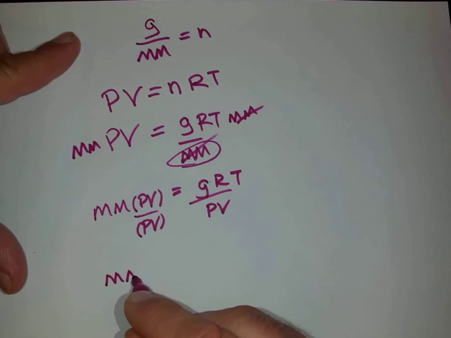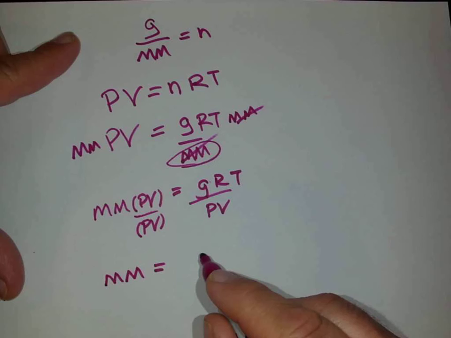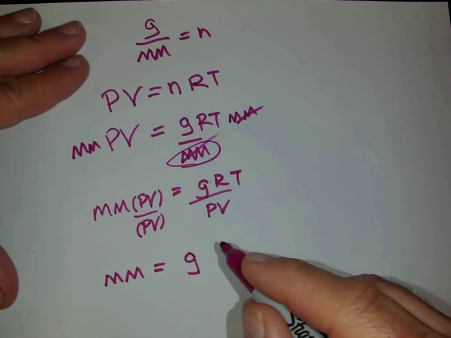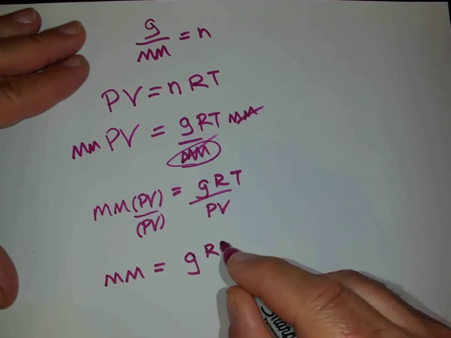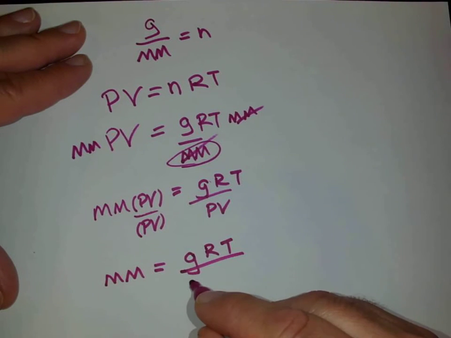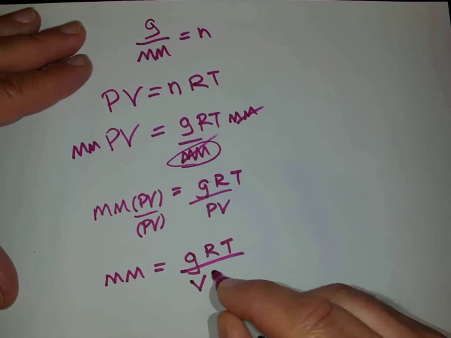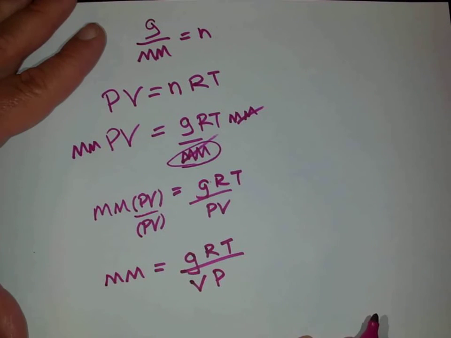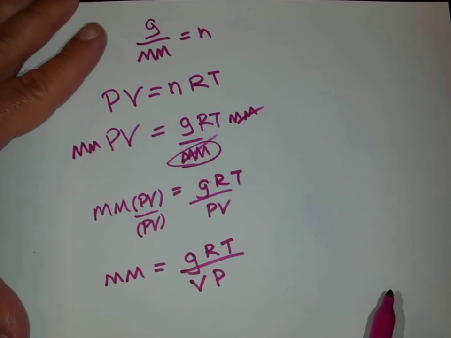And we get the equation: the molar mass of a gas is equal to g times R times T divided by PV. I'm just going to flip these here for a second. Instead of saying PV, since they are a product, I could say VP instead.